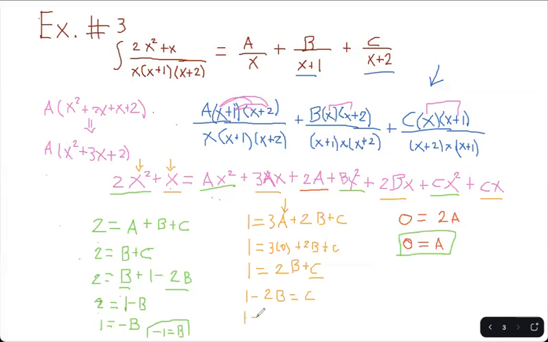So we got 1 minus 2 times negative 1 equals c, right? 2 times negative 1 is equal to negative 2. 1 plus 3, I'm sorry, not 3. 1 plus 2, which in turn becomes 3 equals c.